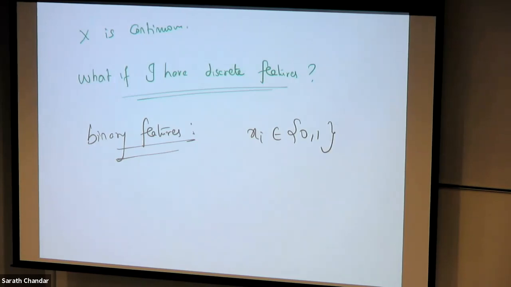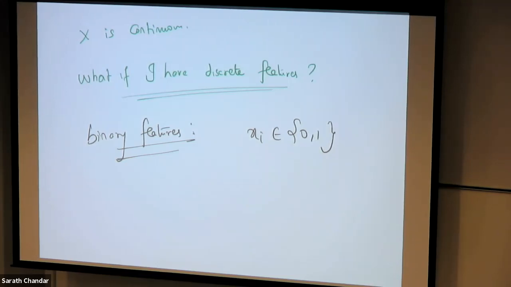Do I need to do Gaussian here? Probably not, right? Gaussian is going to have the support over minus infinity to infinity. On the other hand, this variable takes only 2 values. So I can do better by making an assumption based on some discrete distributions, right?